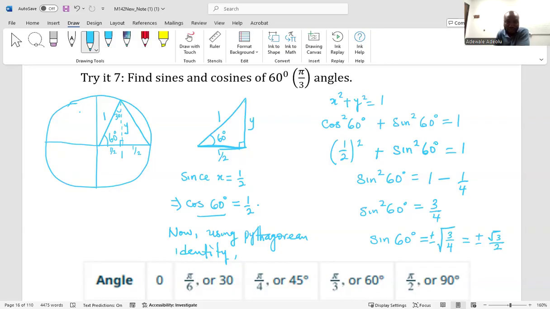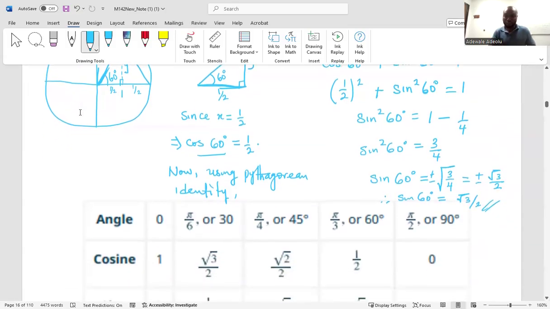Now, since our angle is in the first quadrant where y is positive, we can conclude that sine 60 degrees equals positive root 3 over 2. Answer. So again, we know cosine of 60 and we know sine of 60.